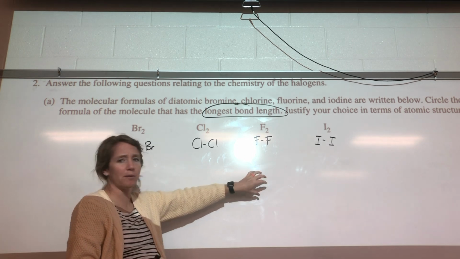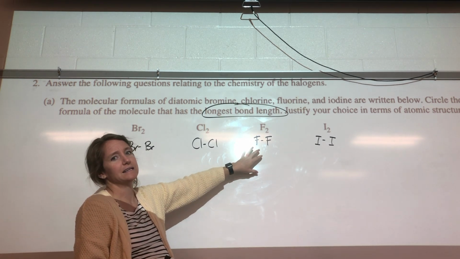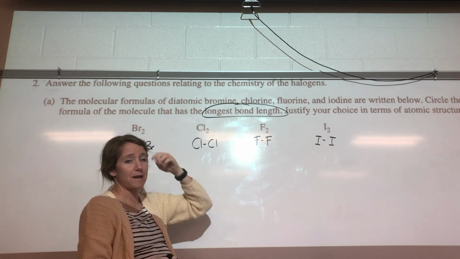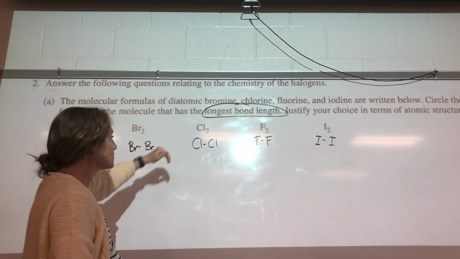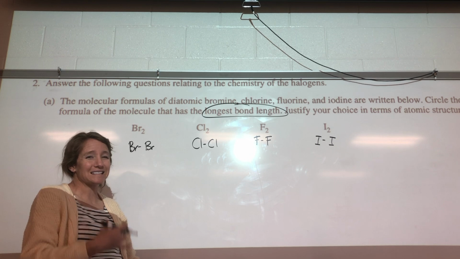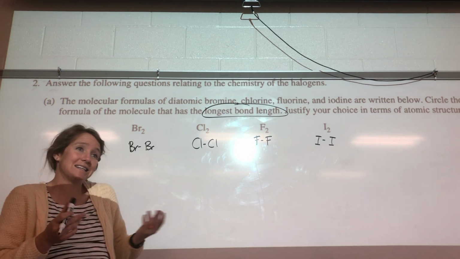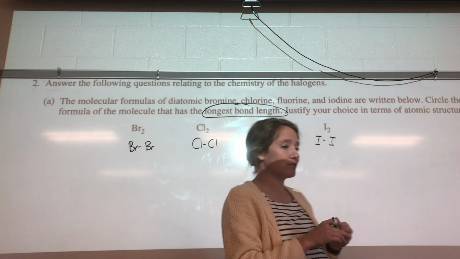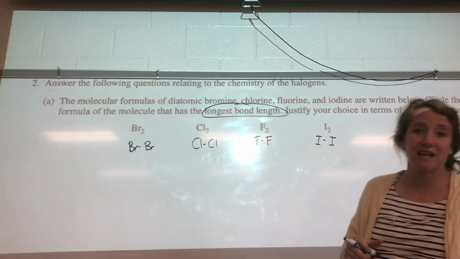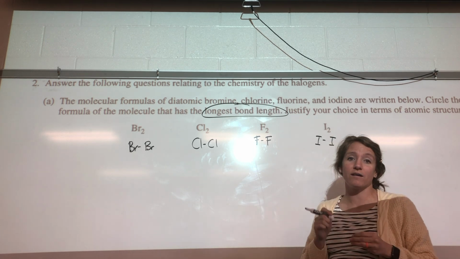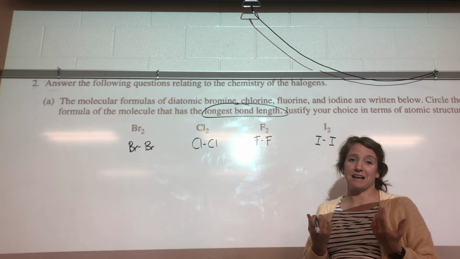Side note, by the way, a triple bond is going to be shorter than a double bond, and a double bond is going to be shorter than a single bond when you're comparing that way. In this case, because we're looking up and down, that's kind of a hint that you want to know your trends. Once again, you're going to have your notes available to you, so you don't really need to have them memorized anymore, it is just understanding how they work.